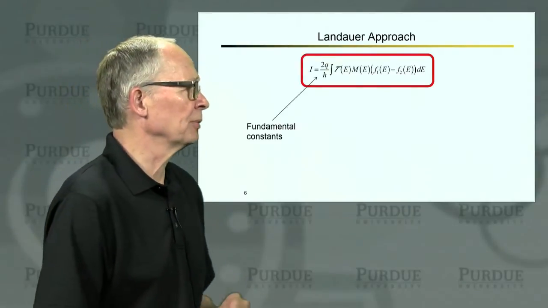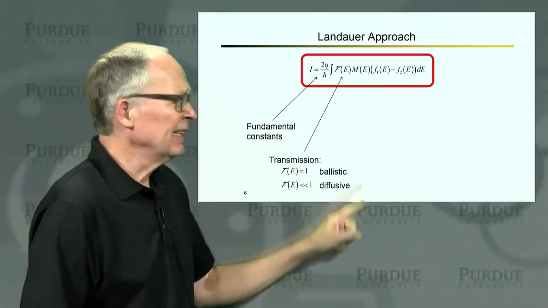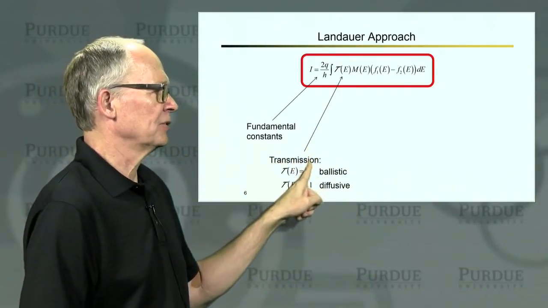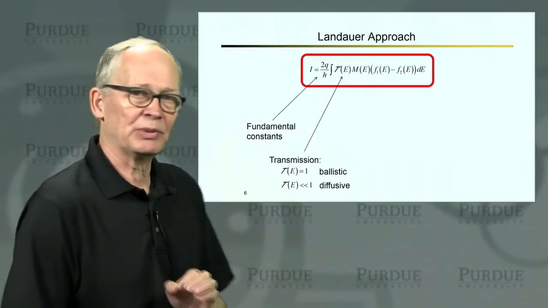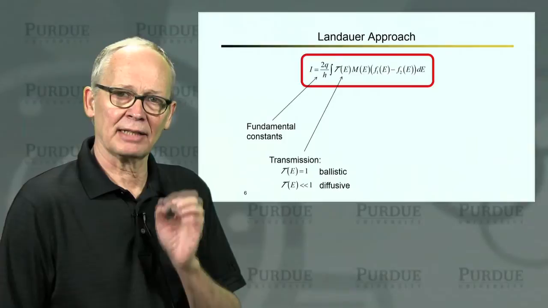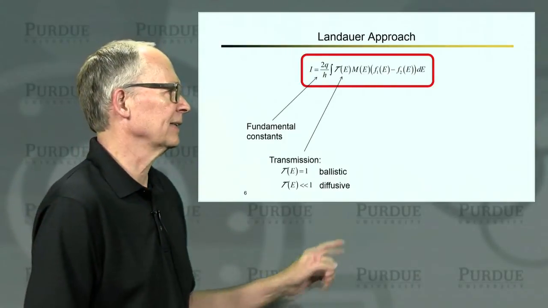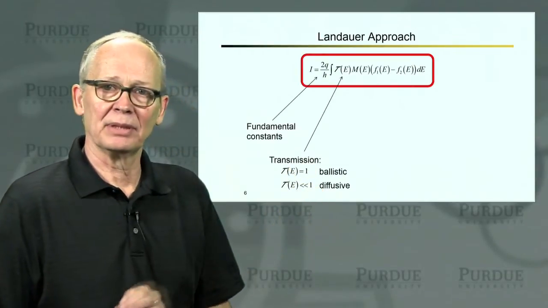So in this Landauer approach, there are some fundamental constants out front. There is a quantity tau, or script T, that is the transmission. It's simply a number between 0 and 1, which represents the probability that an electron injected from the contact goes all the way across and comes out the other contact. When T is equal to 1, that's the ballistic case.